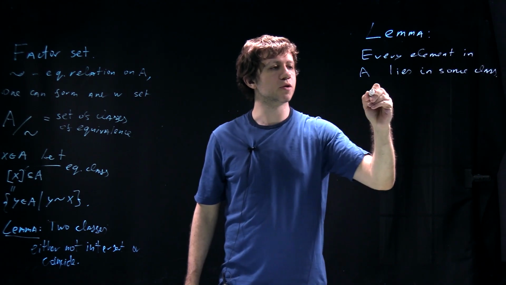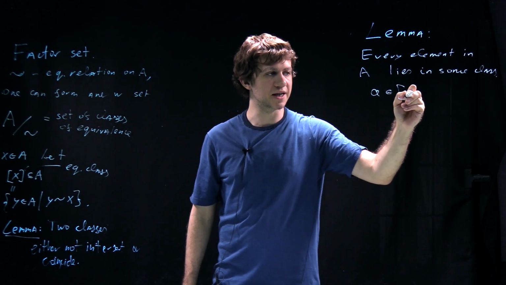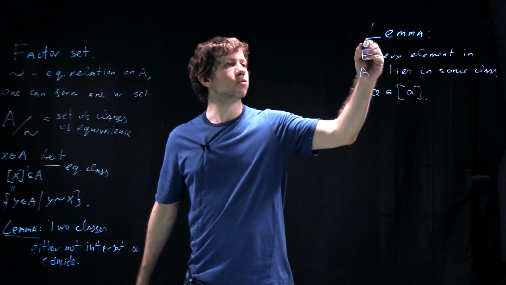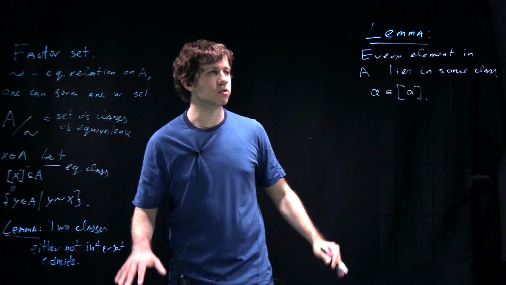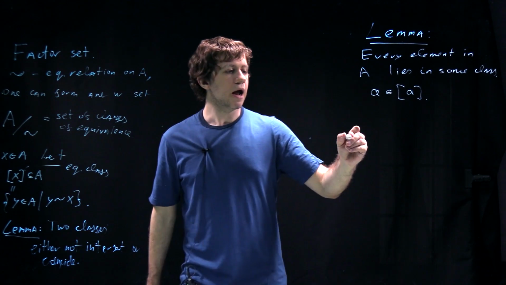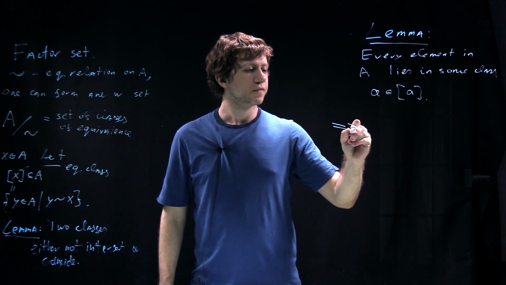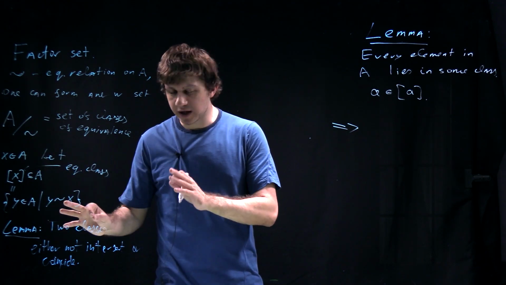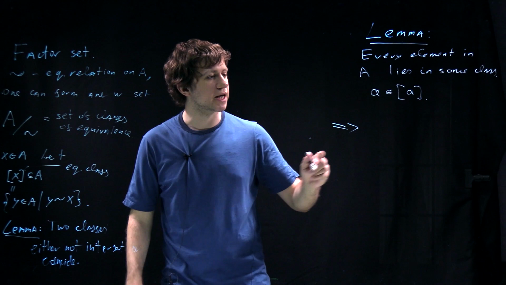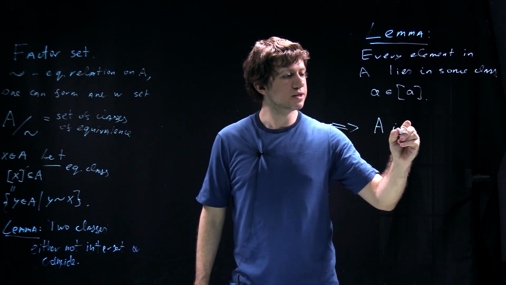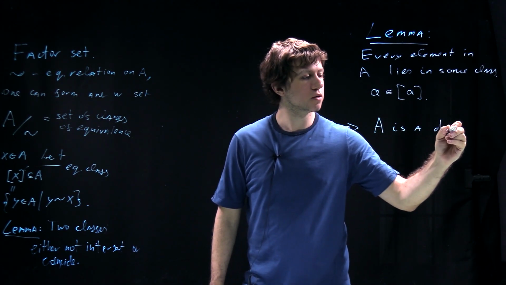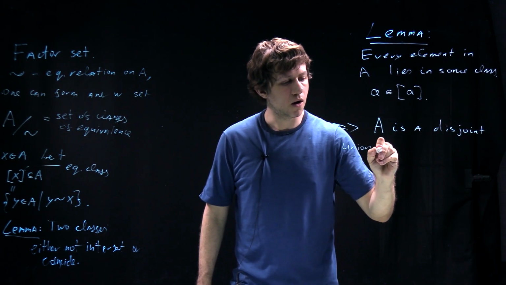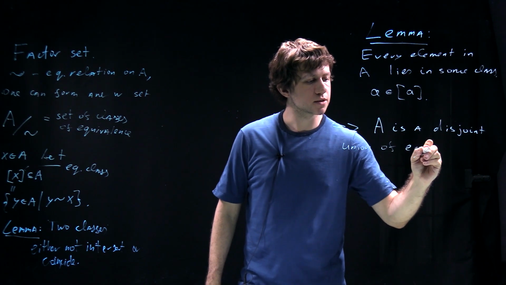That's a complete tautology, because A lies in the class containing A. Nothing to prove here. I just say it like that to have a clear structure. And then there is a corollary. We know that every element of our set A is inside one of the classes, and they don't intersect. So A is a disjoint union of equivalence classes.